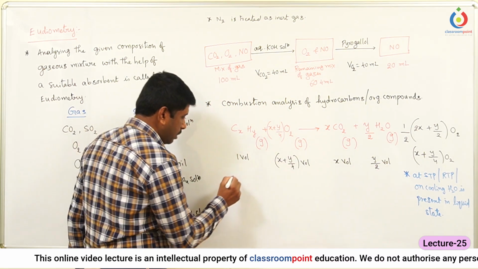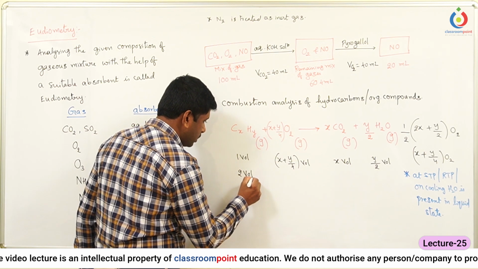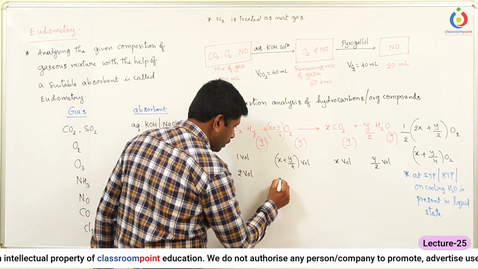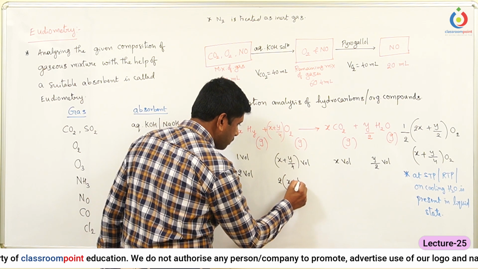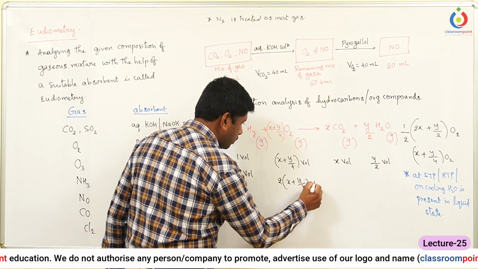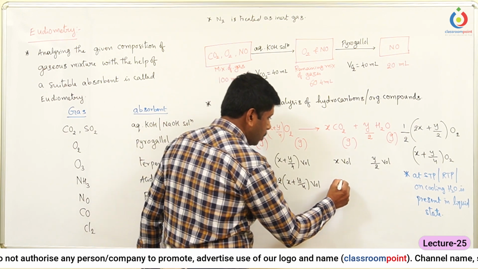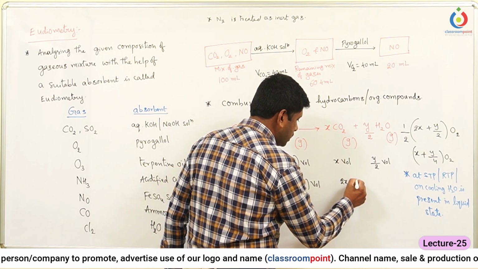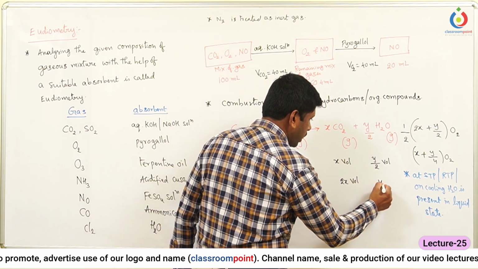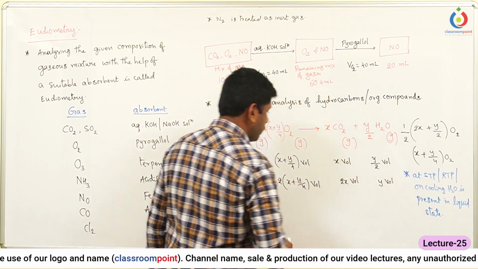What if you take 2 volumes? 2 volumes of hydrocarbon needs 2 into x plus y by 4 volumes of the oxygen, 2x volumes of carbon dioxide will be produced, and y volumes of H2O also shall be produced.